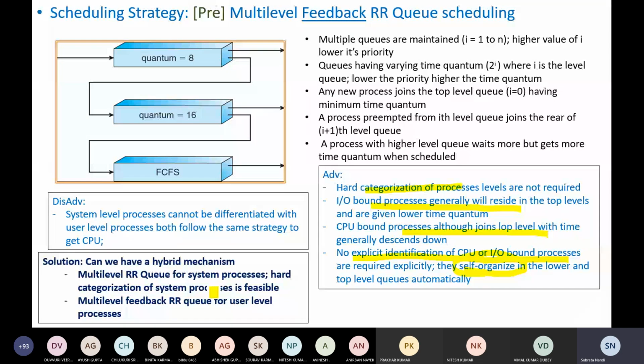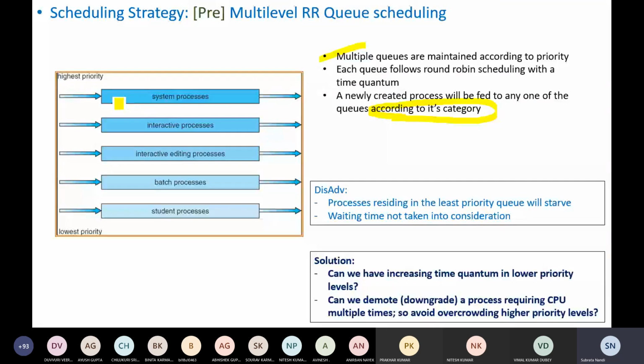But still, the disadvantage is, as you can see here, that in the previous case we have differentiated. The system processes are given the highest priority, and all these interactive processes are the user level processes. So you have a clear distinction between the system level processes and the user level processes.